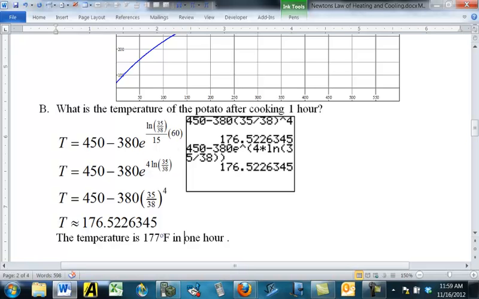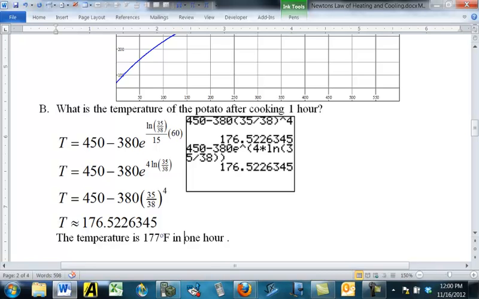I also want to point out that if this is e to the log whatever, then to the fourth, so e and the log cancel each other out, and I get 35 over 38 here for the base, and that's to the power 4. So I could also get rid of the e's and do it that way, and in fact in general it is 450 minus 380 times 35 over 38 as the base, and the power is t over 15.